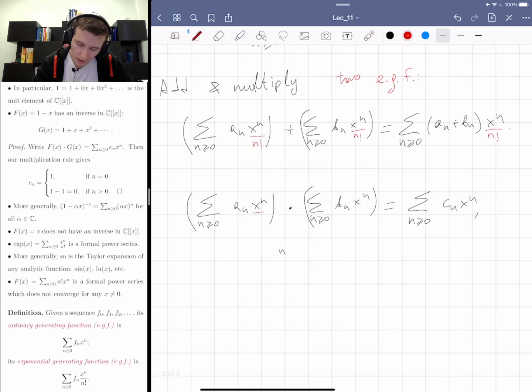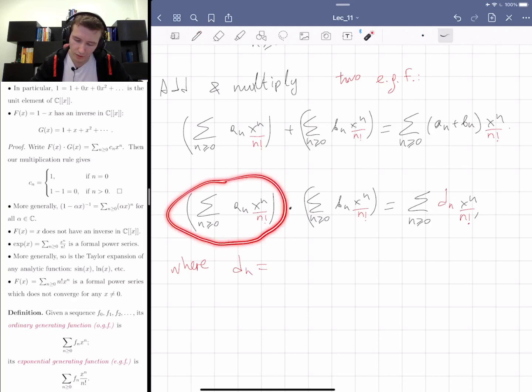But if I take the product of two exponential generating functions, then I get something interesting. I get some other formal power series where the coefficients are d sub n. I have to expand this product.